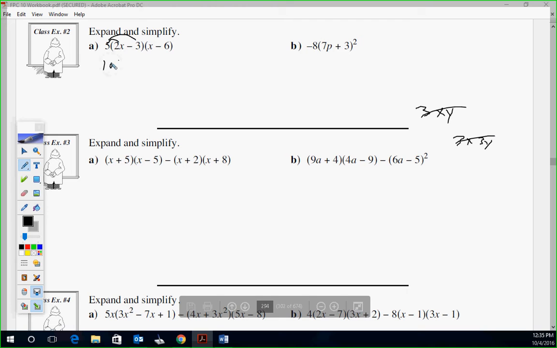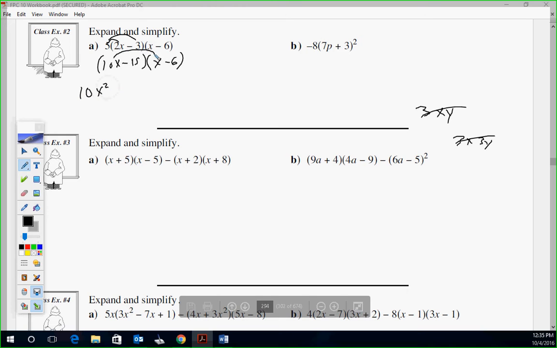So that would make it 10x minus 15. Now, the only problem with doing that is there's just going to be a little bigger numbers. Not a problem, though. You could FOIL first. That's okay. Now we're going to FOIL. So 10x times x is 10x squared.